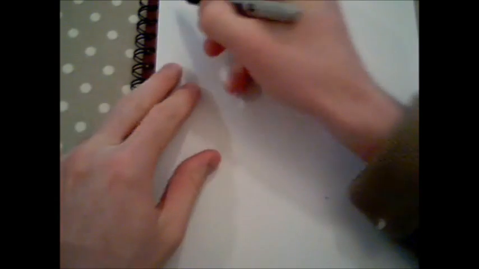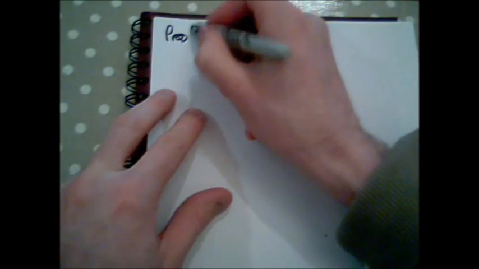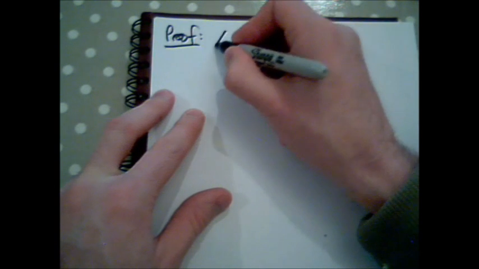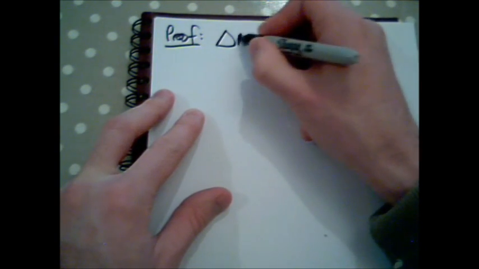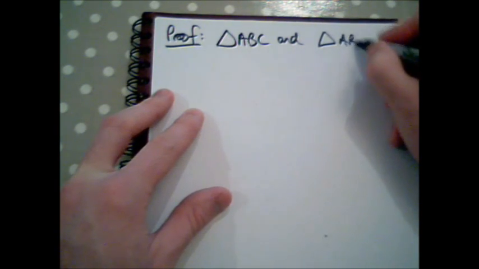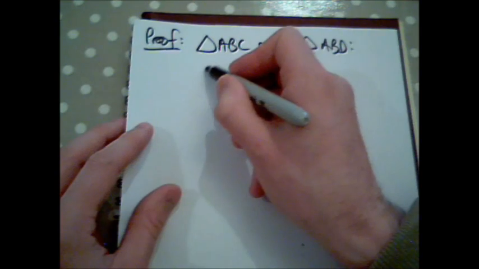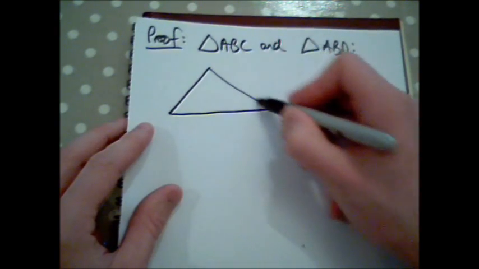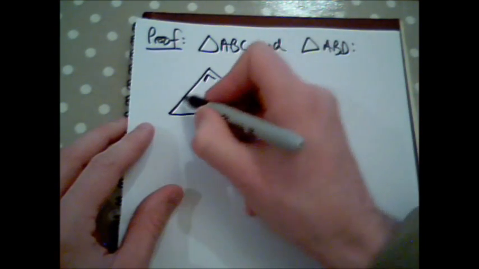When we're doing it, it can be useful to draw out separately the triangles we're looking at. So first, the proof. We're going to look at the triangle ABC and the triangle ABD. So here's ABC. It's got a right angle up there. It's got the angle 1 here.